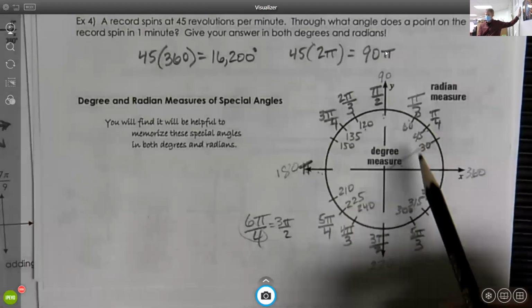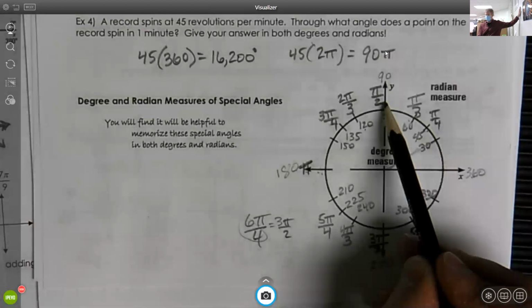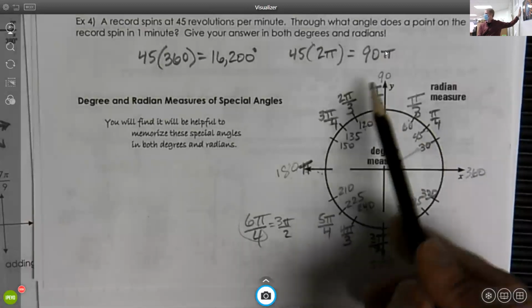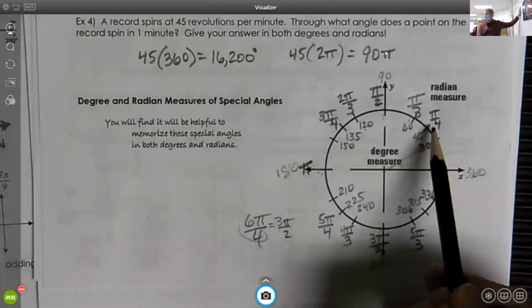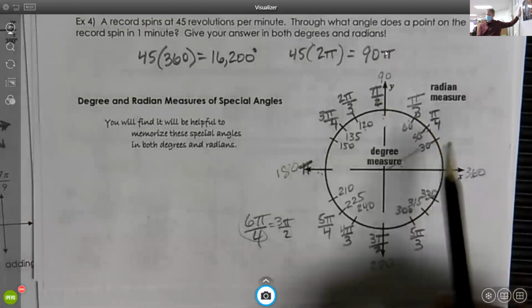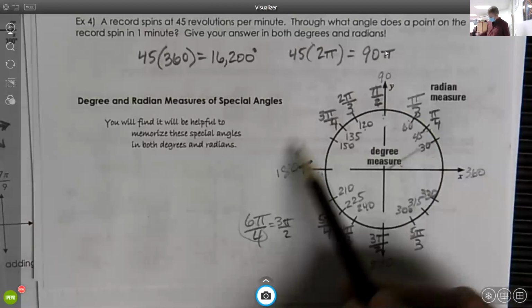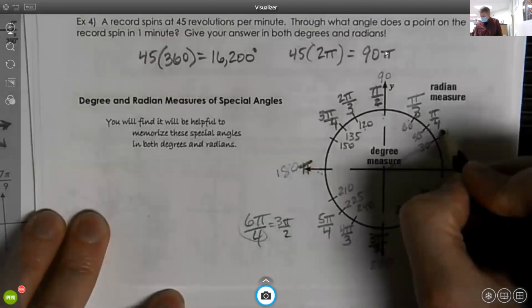How did we write the radian for 90? How many 90s fit into 180? So 90 fits into 180 2 times. So you're dividing the pi by 2. You're dividing the pi by 4. So what are we dividing the pi by? How many times does 30 go into 180? 6 times. So this is pi over 6.